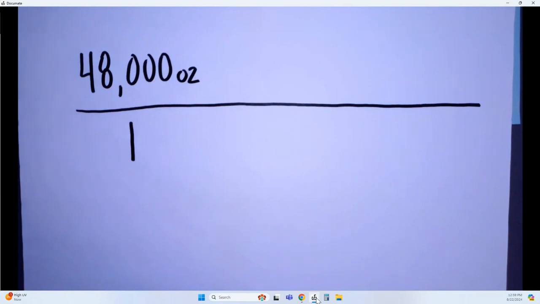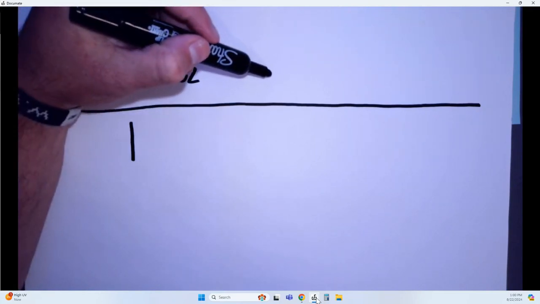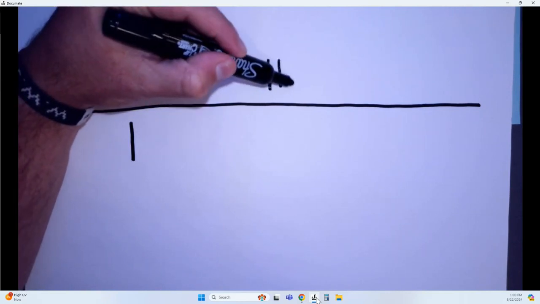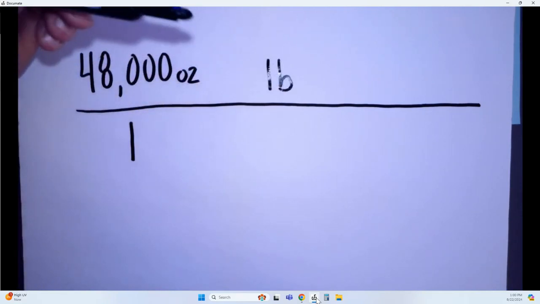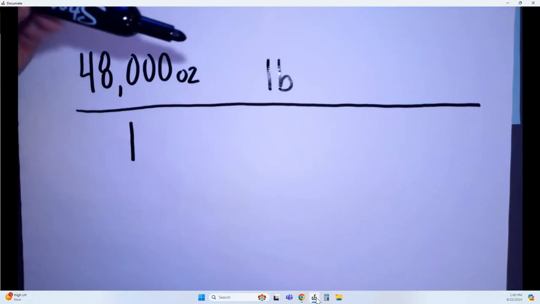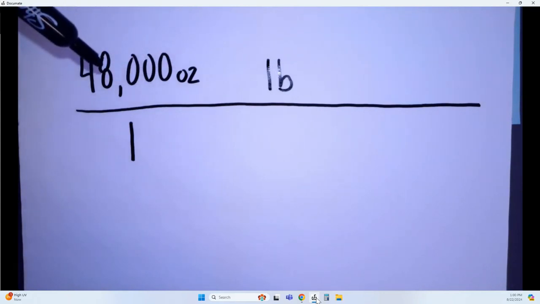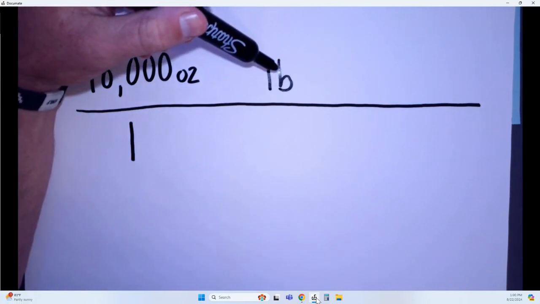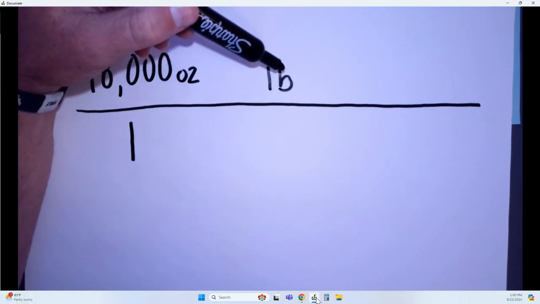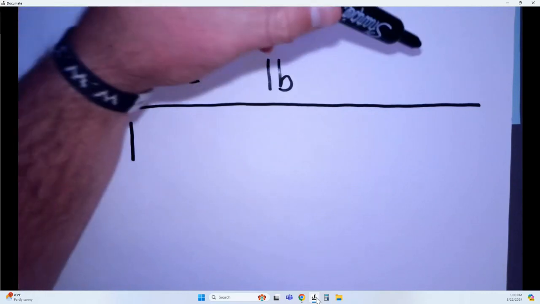We're talking about ounces as in weight now, instead of capacity like we did in our last problem. We're thinking about what's larger than an ounce. Well, we know ounces make up pounds. So our next thing up will be pounds. And we still need to go higher because it wants to know how many tons is 48,000 ounces. So our next unit higher from pounds is tons.